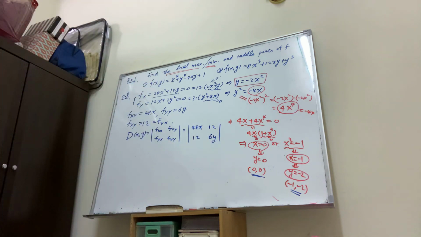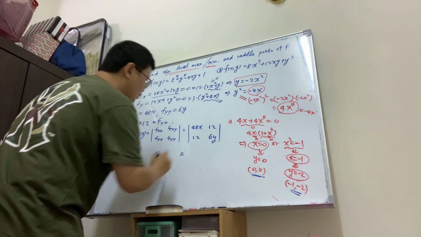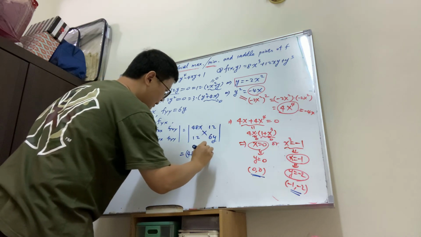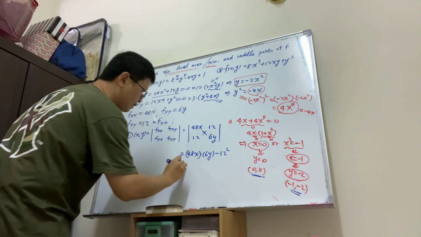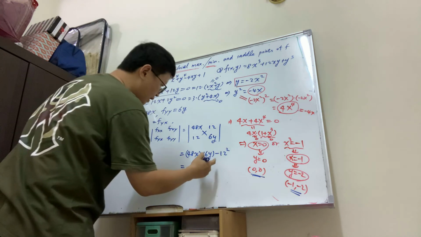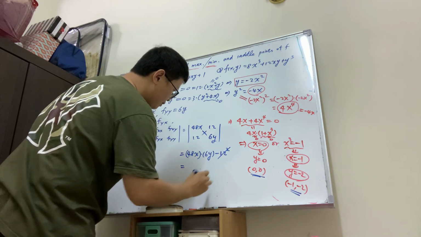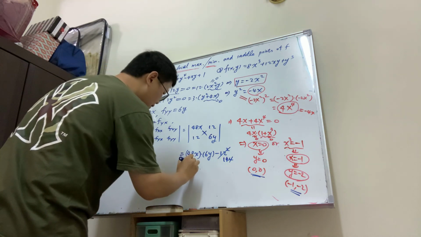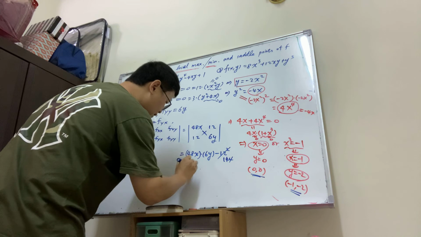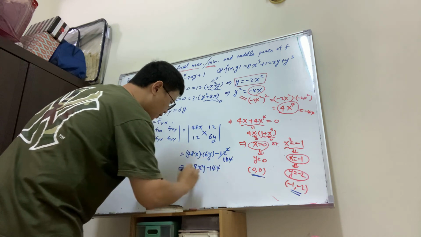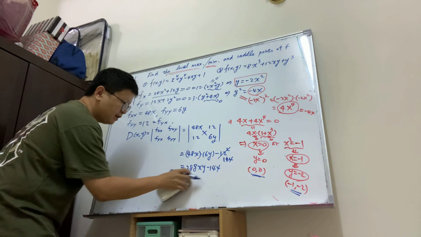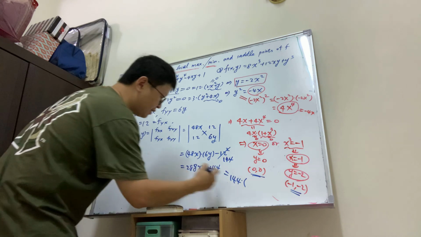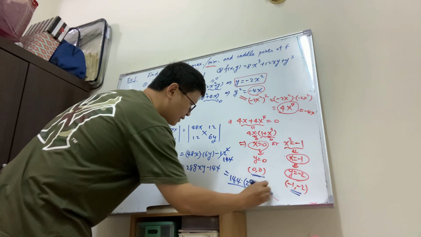So the determinant is 48x times 6y subtract 12 squared. 12 squared is 144. So it's 144 times xy subtract 144, and taking out the common factor 144, we get 2xy subtract 1.